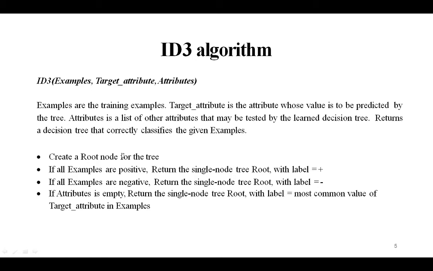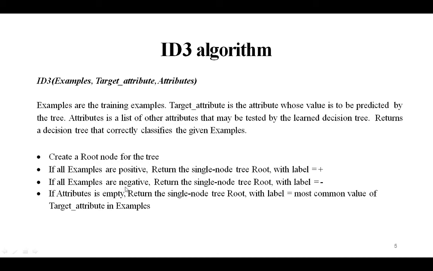If you look into the different steps of this ID3 algorithm, first it creates a root node of the decision tree. If all the examples are positive, then it returns the single-node tree Root with the label equal to plus.